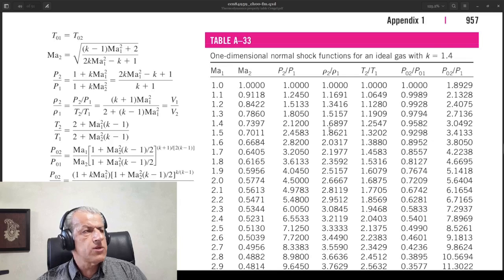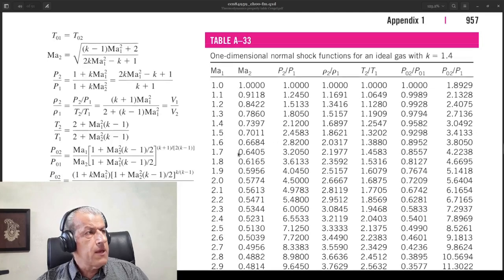And let's calculate the properties for station 2. Well, normal shock tables are almost in every gas dynamics book, and there are also many thermodynamics books which cover compressible flow, also present a table for shock waves and isentropic flow. The isentropic flow table we just used, now we have to use the shock wave table.